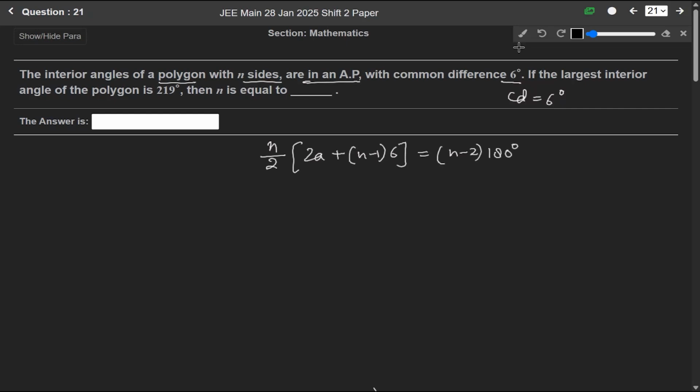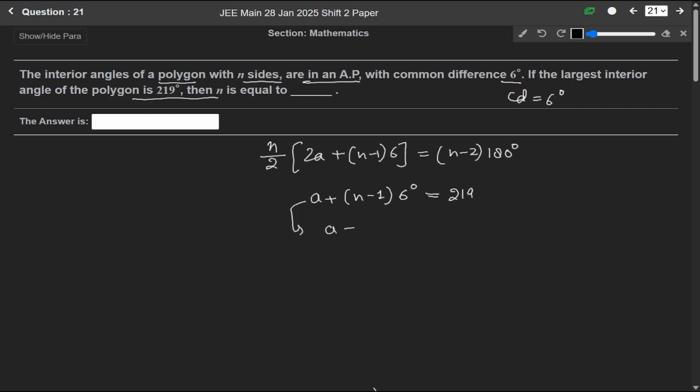Okay. And it is saying that the largest interior angle of the polygon is 219. Largest interior angle means a plus (n minus 1) into 6 degree, since it has a common difference of 6 degree, and it is equal to 219. So first of all, solve this.